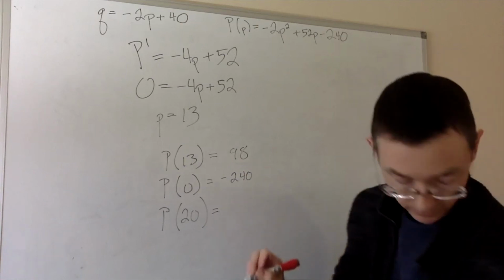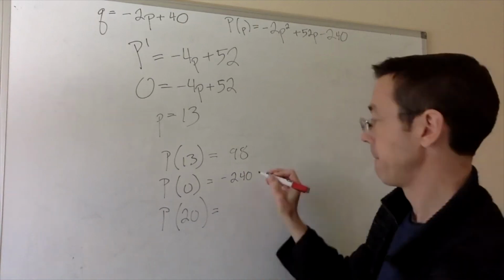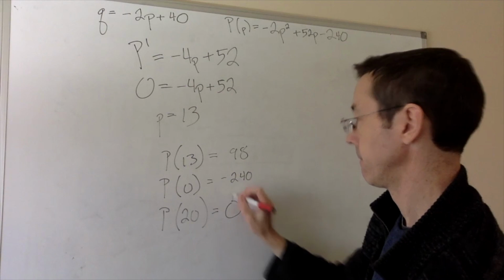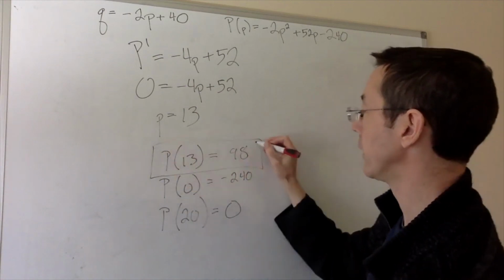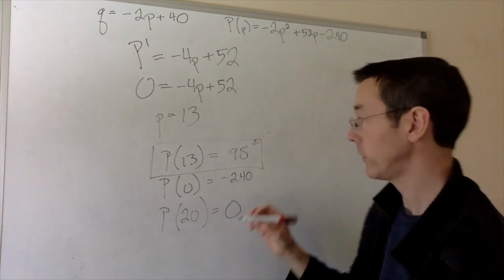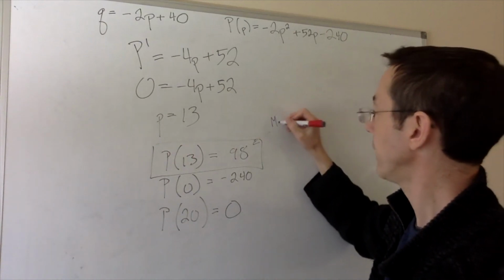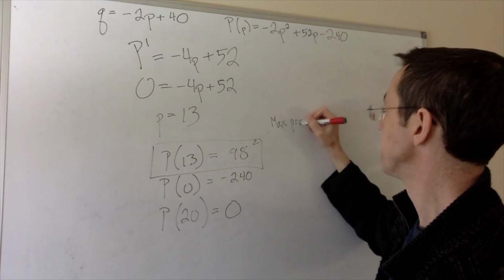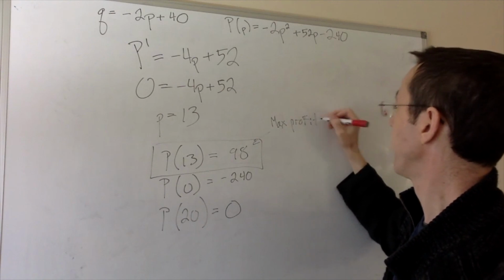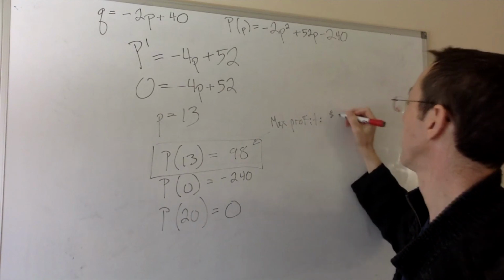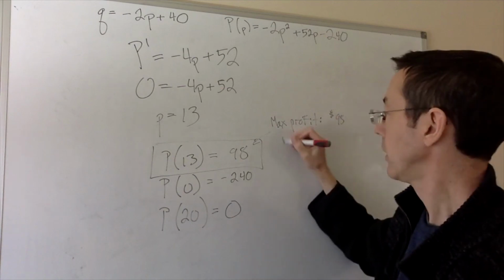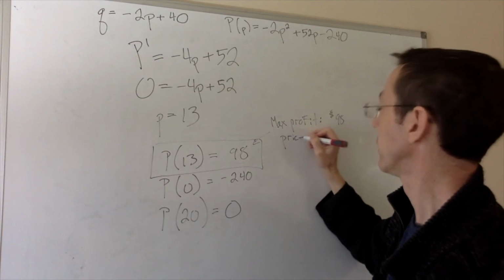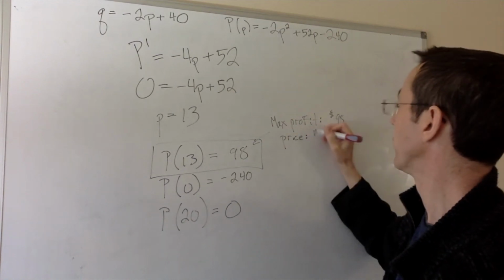And when I plug in 20, I get 0. From all of this, it's clear where the maximum is. The max profit is going to be $98. And that occurs when he sets a price of $13 apiece.